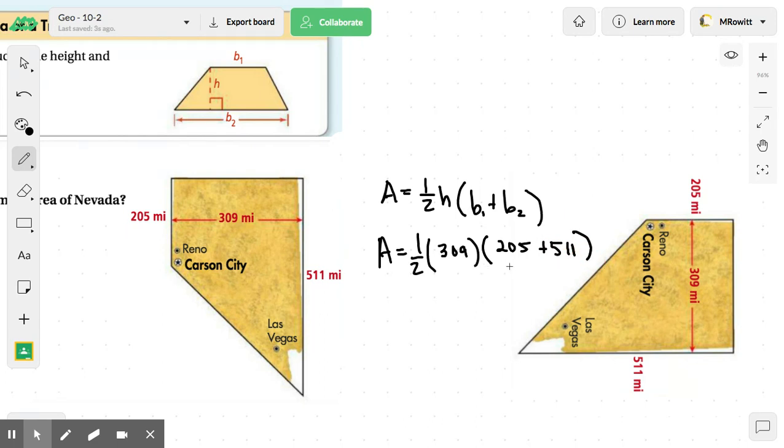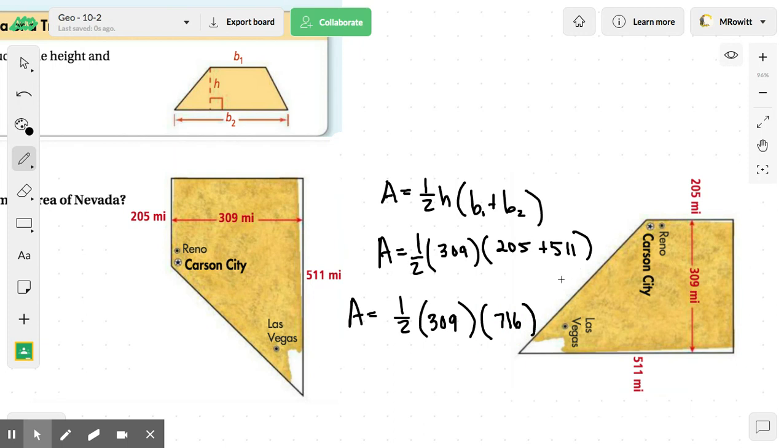If I have to follow PEMDAS, right? I could distribute the 309, but there's no reason to. If I have numbers, I can do this evaluation. So why do some complicated math thing that I might make another mistake on? So if I take 205 and add it to 511, this sum in here is 716.